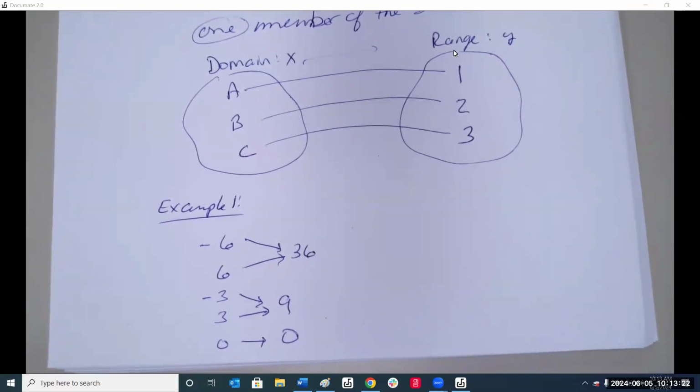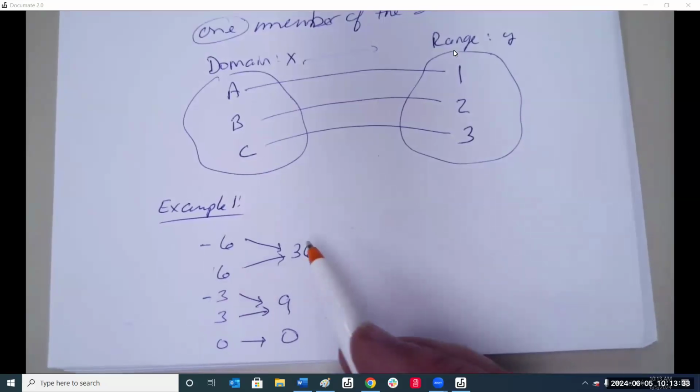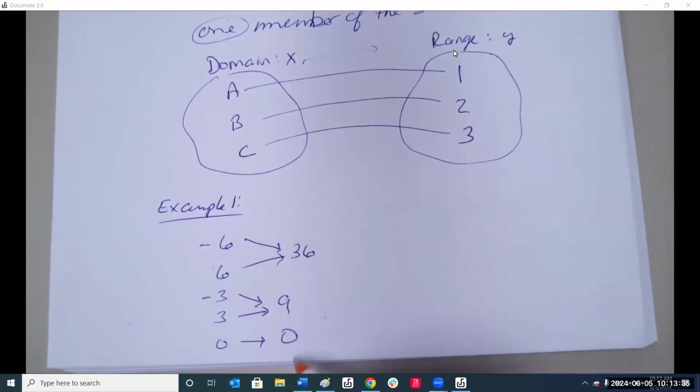Is that a correspondence? Why? Yes, because each one of the members of the domain only goes to one member in the range. So it is a correspondence. It is a function.